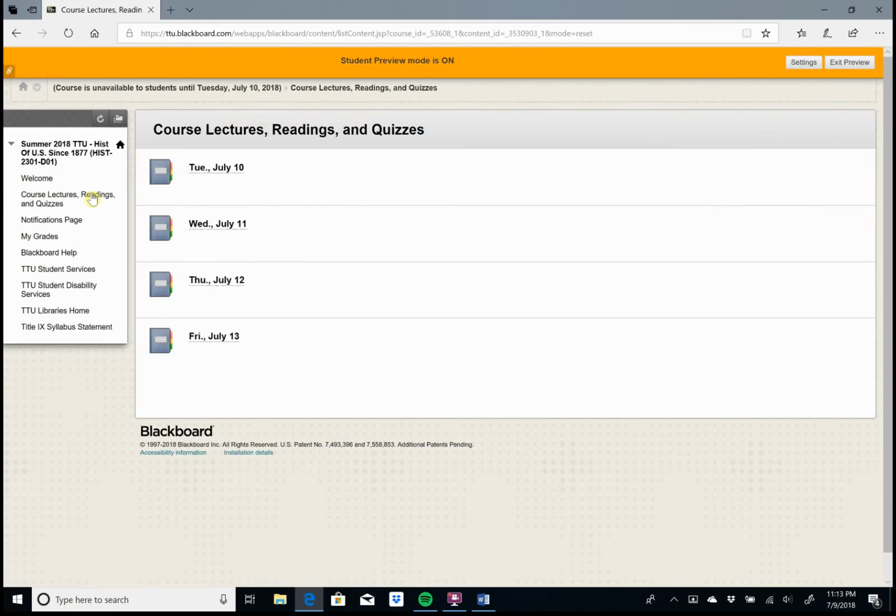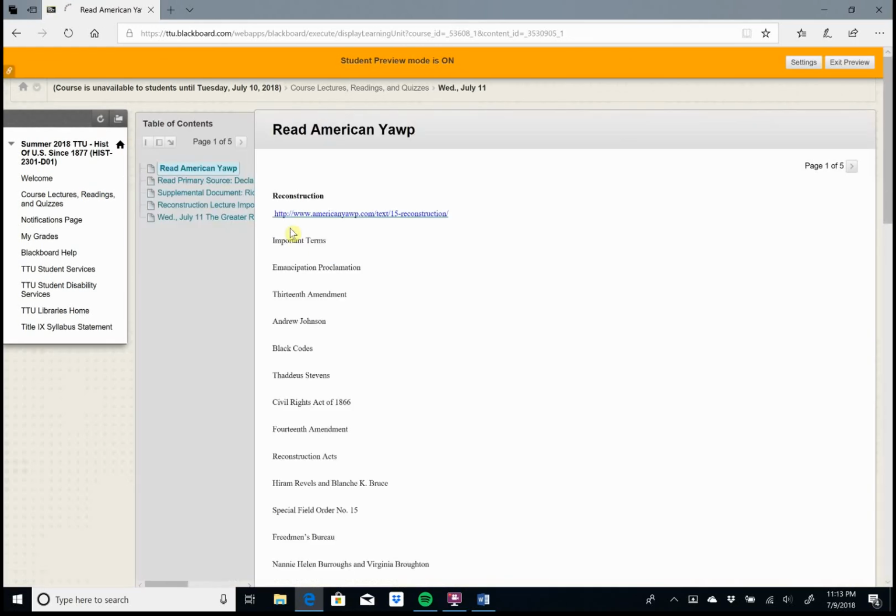You'll find a link to the chapter or chapters that you need to read. And below that are the terms I want you to focus on to prepare for quizzes and exams. These terms are vital because they're the same terms I want you to use on exams, and I'll explain how to use those terms when we get closer to the exam.